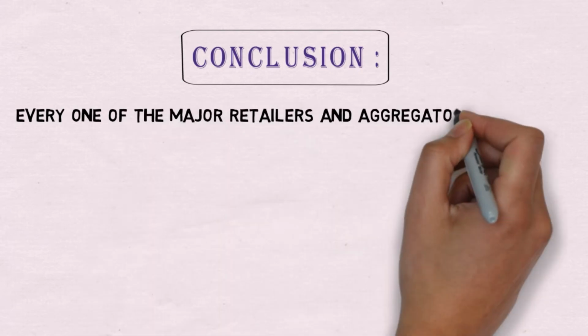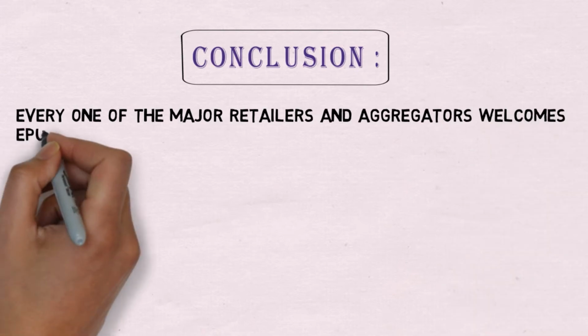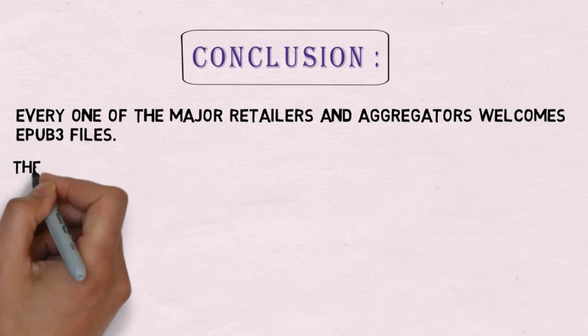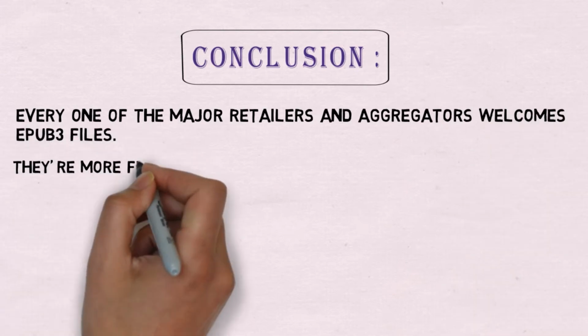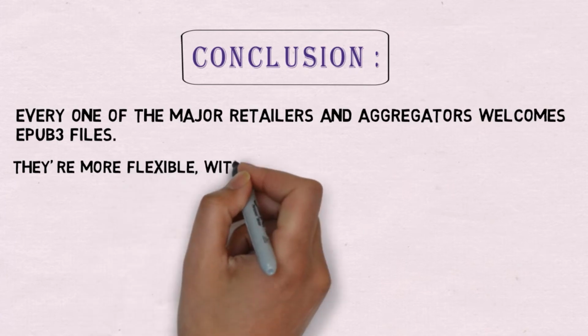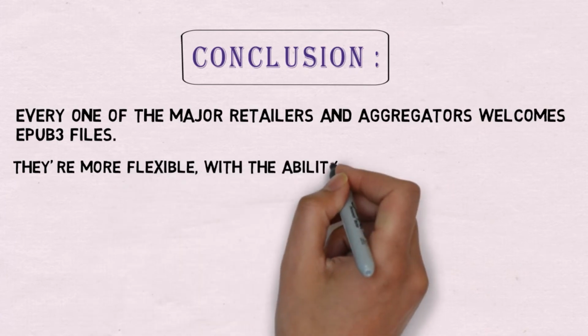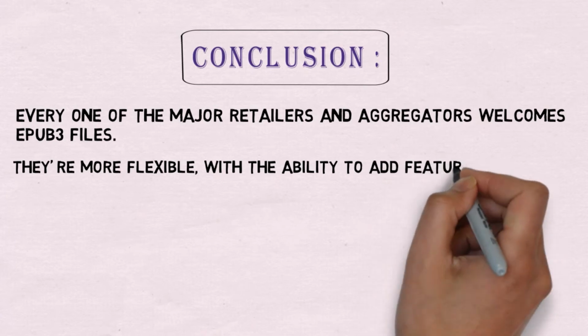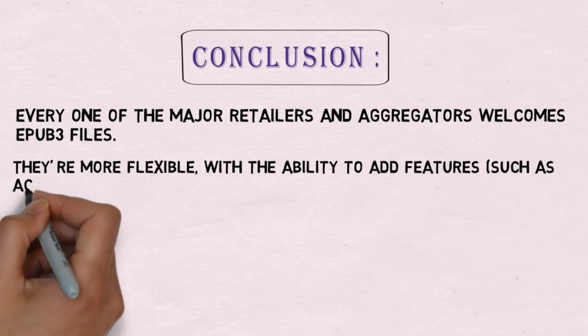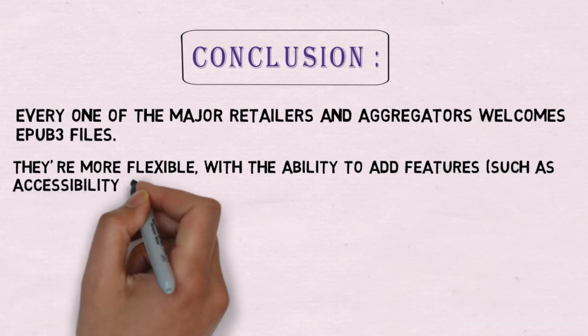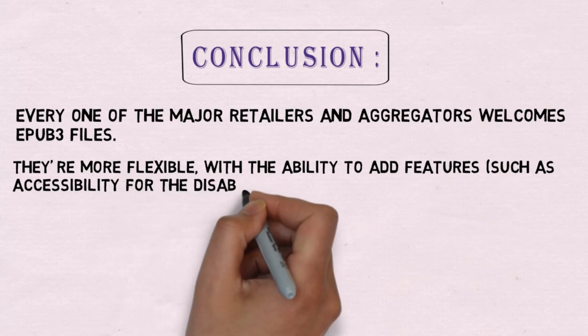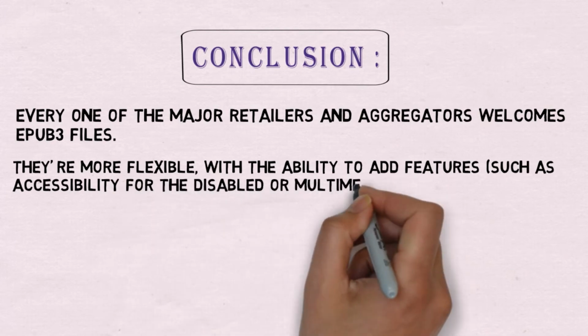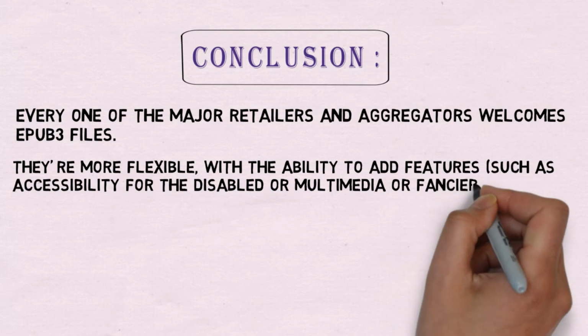Conclusion. Every one of the major retailers and aggregators welcomes EPUB3 files. They're more flexible, with the ability to add features, such as accessibility for the disabled or multimedia or fancier styling via CSS3.